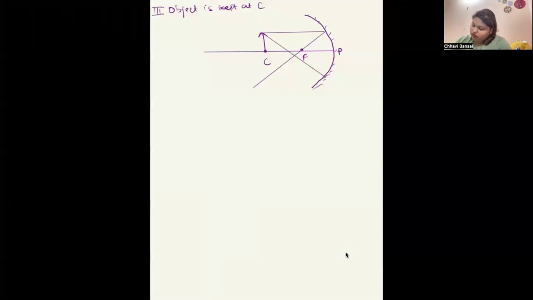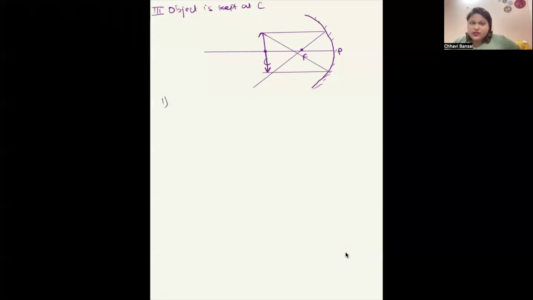Oh, something like this. The point will be shifted. You see the image is formed at C only. When you draw it with the scale, you will see the image formation takes place at C.